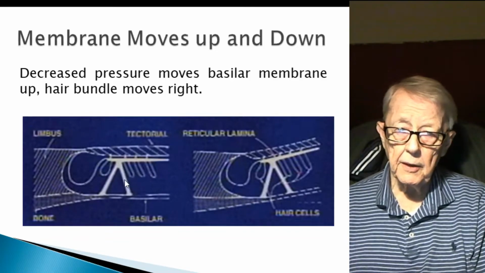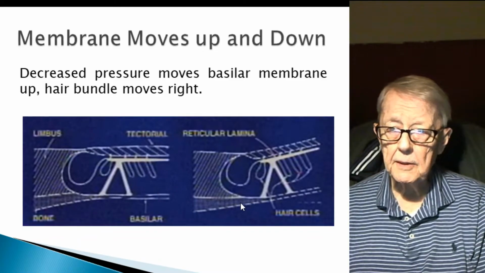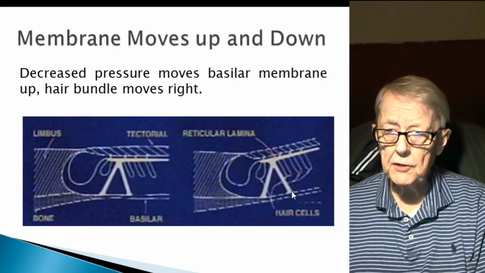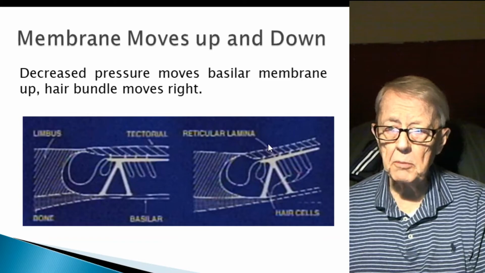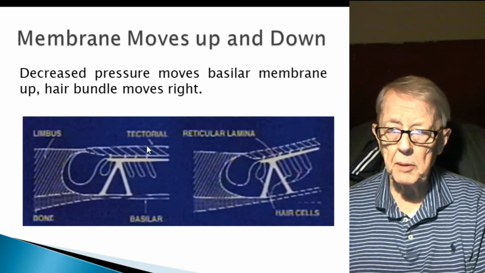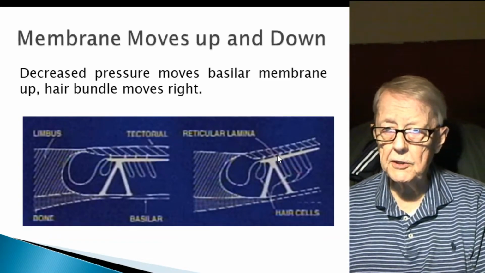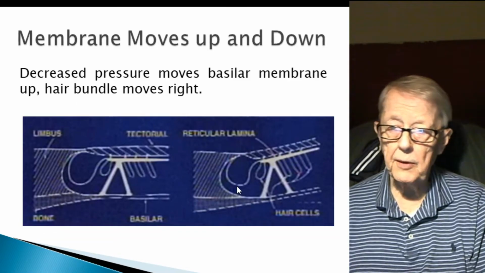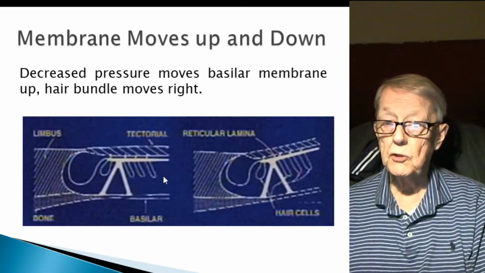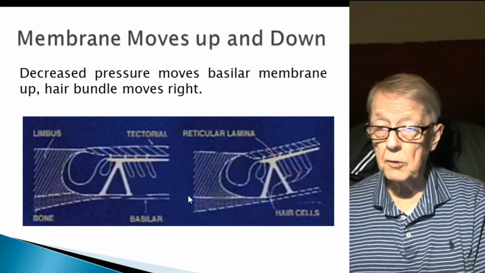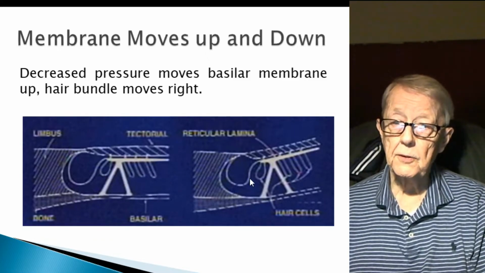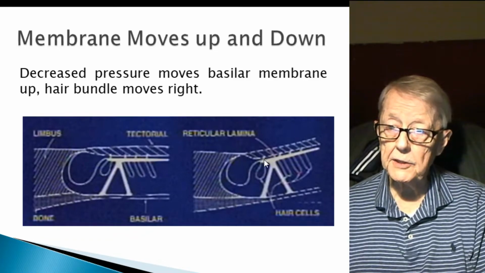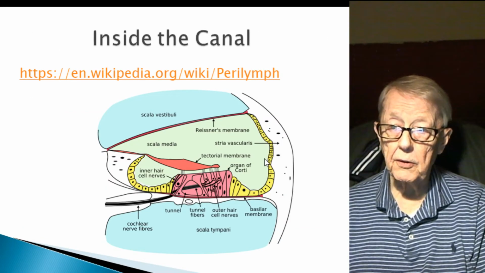But when the drum moves out, this moves up, and there's a sliding motion against this tectorial membrane, which causes the hair bundle to move to the right. When the eardrum goes out, it moves to the right, and to the left when the eardrum moves in. So this is how these things move back and forth.